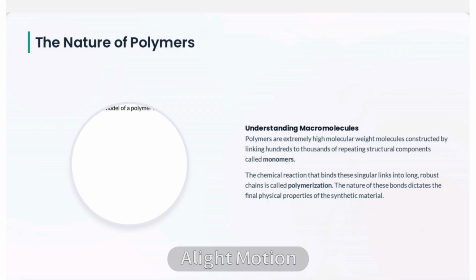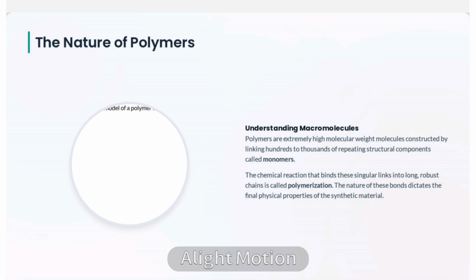The nature of polymers. If you look at the 3D molecular render on the left, you can see what looks like a long repeating chain. This is the visual definition of a polymer. The word itself comes from the Greek poly, meaning many, and meros, meaning parts.